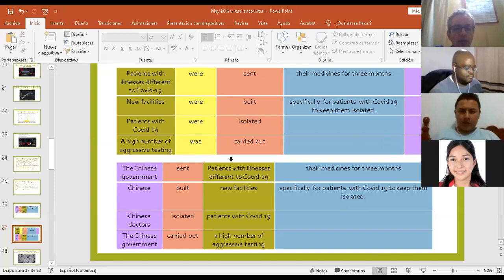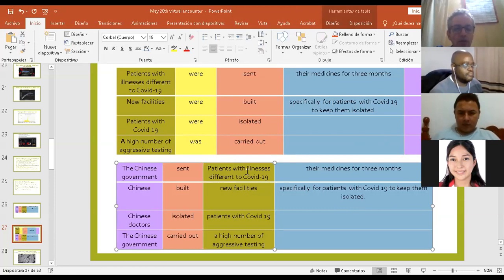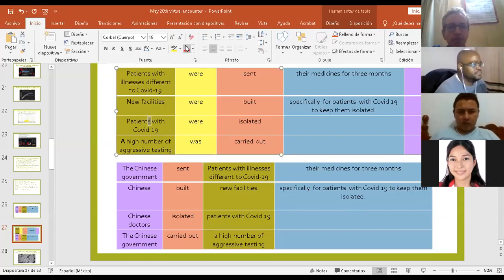Exactly. So this is called the object, the green one. In passive voice, we put the object first. And then the verb to be in past, according to the object. If the object is singular, we have was. If the object is plural, we have were.